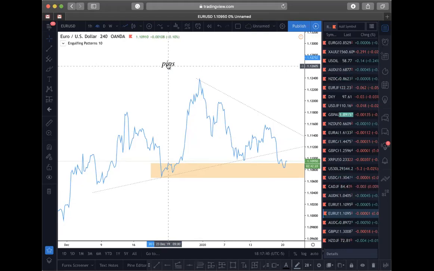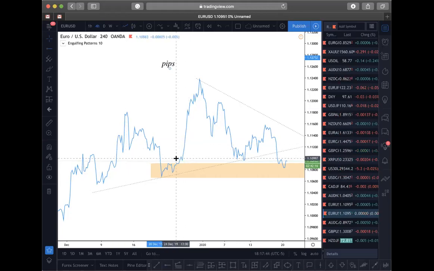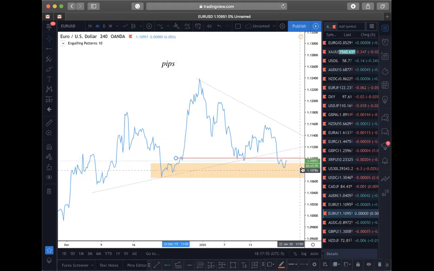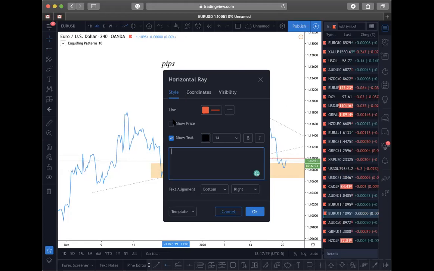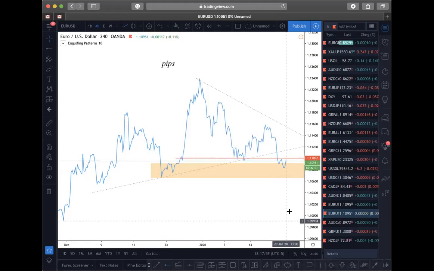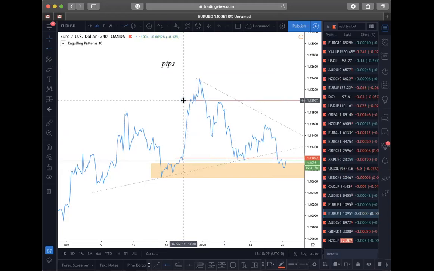So for example, the distance from, let's say, $1.11 on this Euro USD chart, meaning €1 is equal to $1.11 over here. This red number, right? So let's say $1.12.